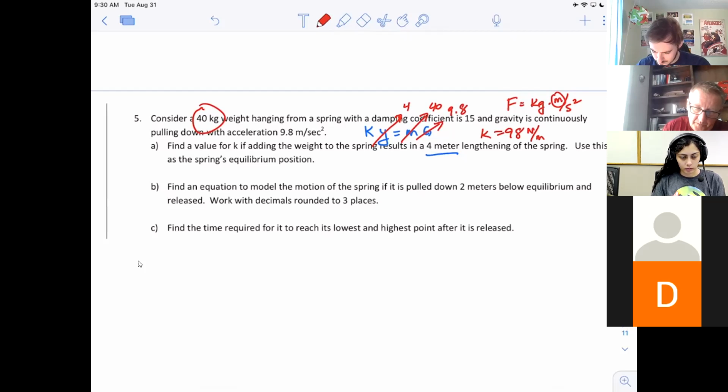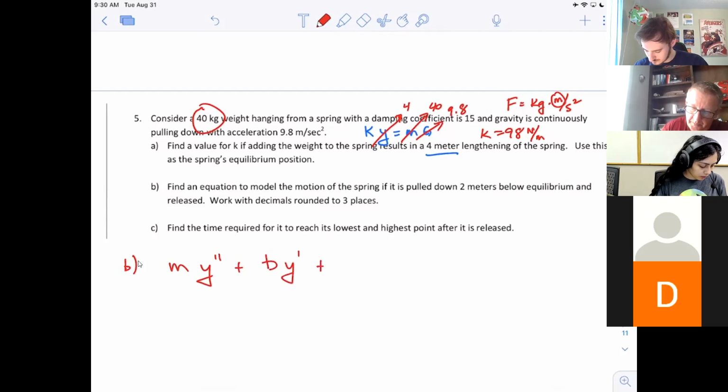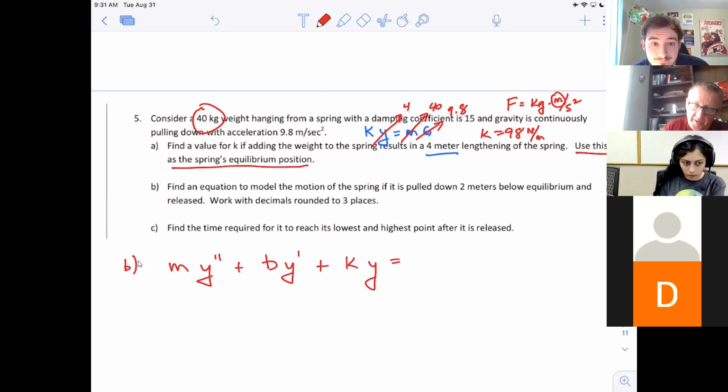So since the equation is mass times y double prime plus b times y prime plus k times y, and in this case, I said use this as the spring's equilibrium position.